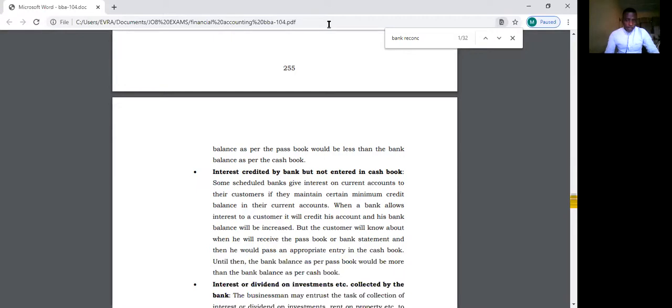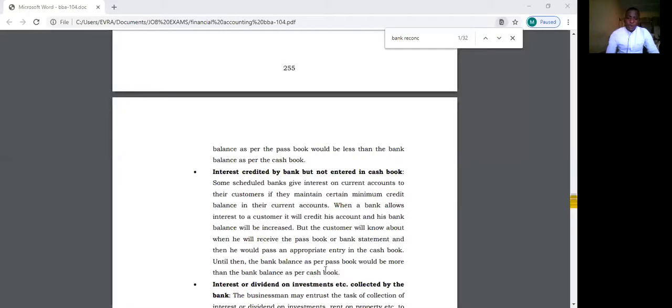That means the bank is going to credit some amount of money to your account, and because you don't know what is happening in your account, you receive some interest. Because the cash book isn't updated, you are required as an accountant to update that cash book in order to make the balances of the bank and the cash book equal.